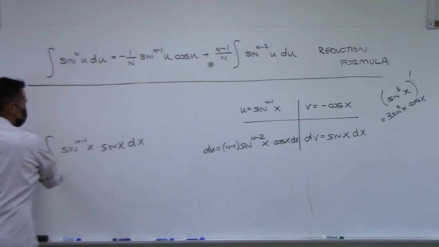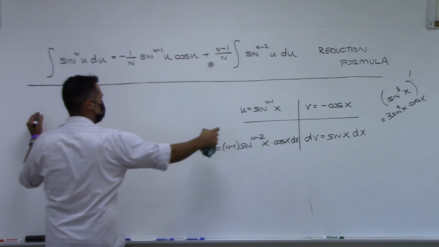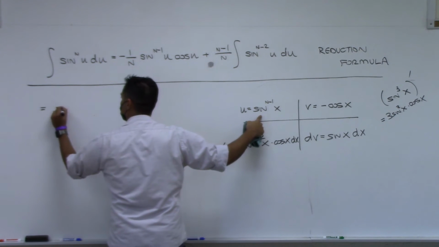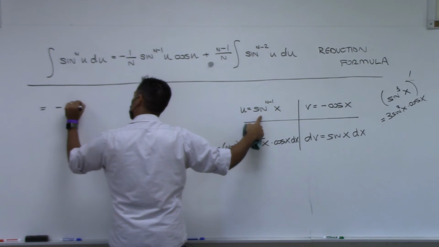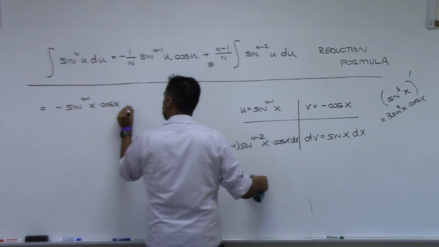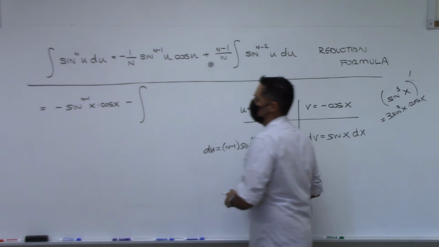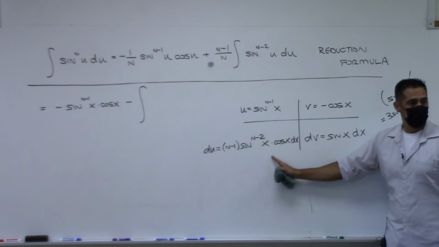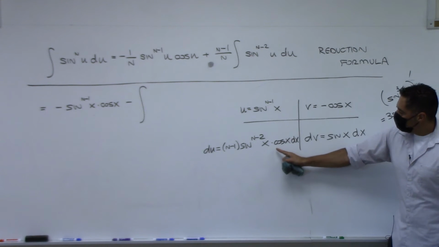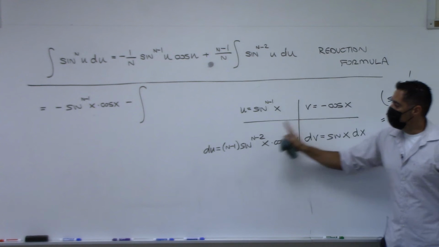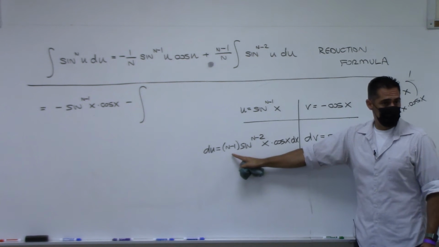Okay, so here's where we are. We are at u v, these two multiplied. So that gives me a negative. I'm going to put the sine to the n minus 1 of x first, then the cosine x, and then minus integral. So that's uv minus the integral of v du, which are these two multiplied, right? When I multiply those two, I get a negative, and then I have an n minus 1, which is a number.